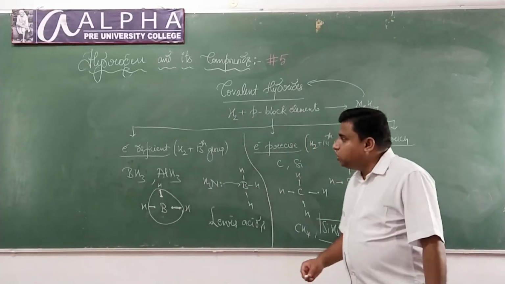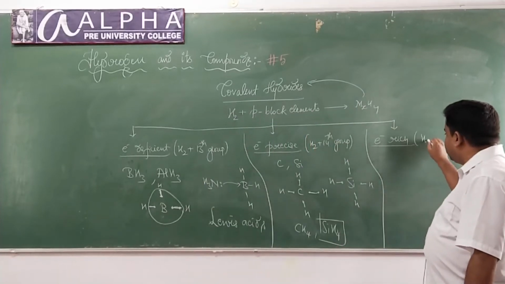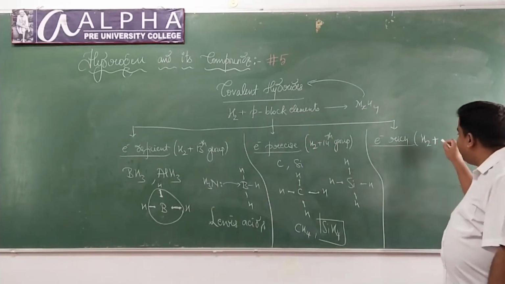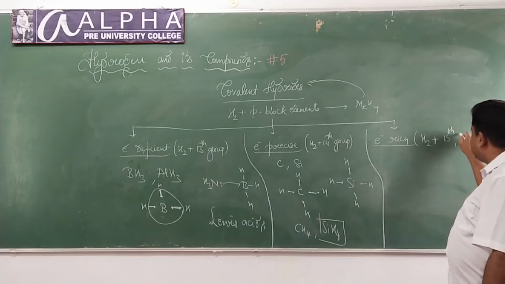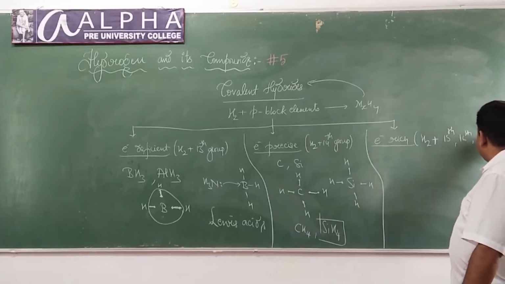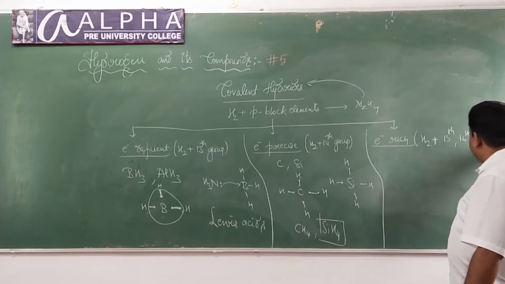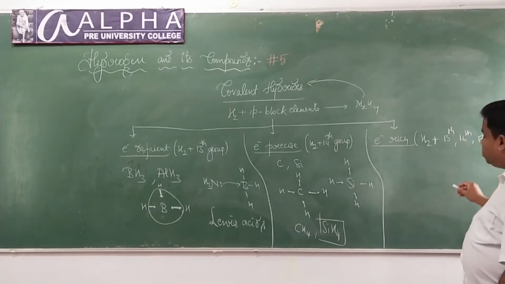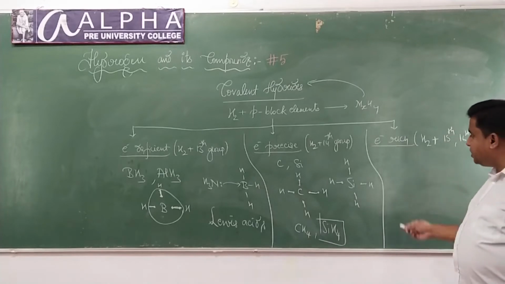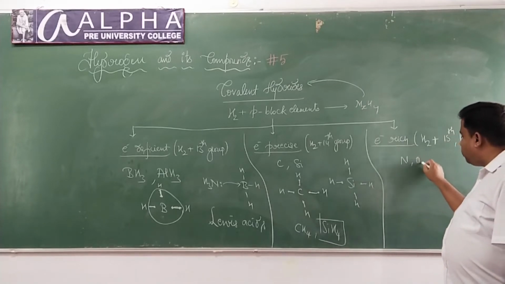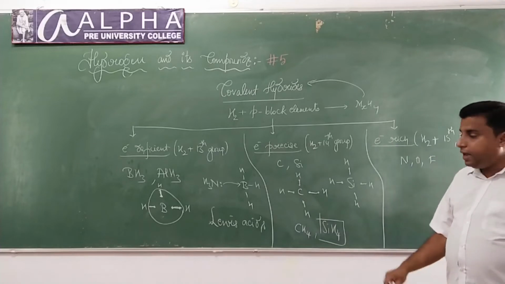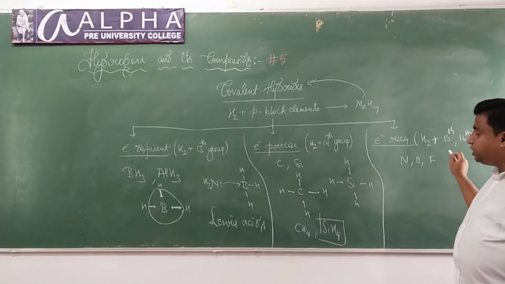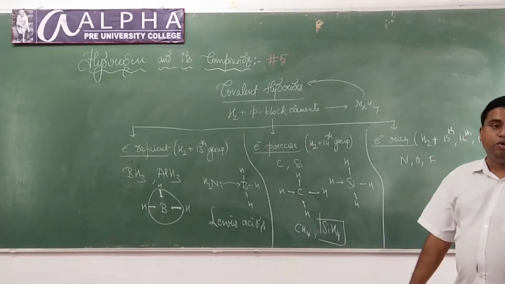Look here, if hydrogen combines with 15th group, 16th group and 17th group elements like nitrogen, oxygen, fluorine, what type of hydrides will it form?